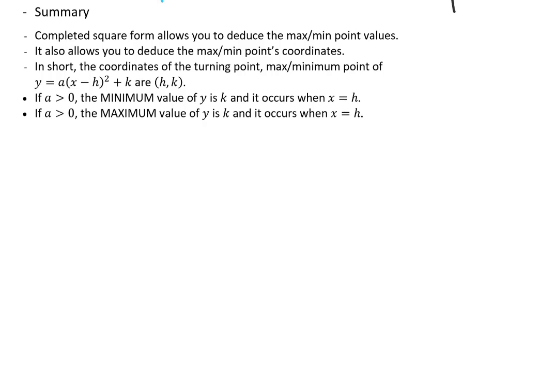And if a is less than 0, sorry, this is an error. It should be a is less than 0. The maximum value of y, you are calculating for the maximum value of y. Okay? The coordinates will still be h comma k.